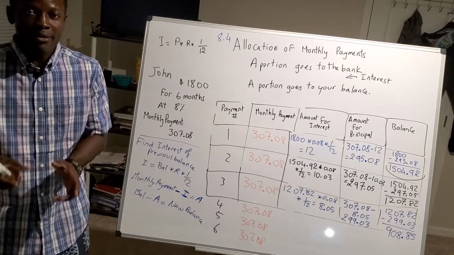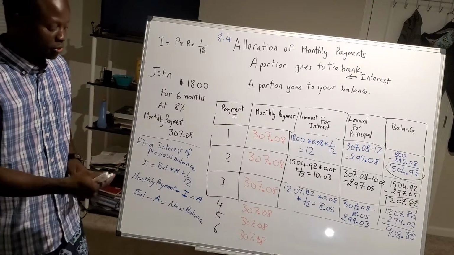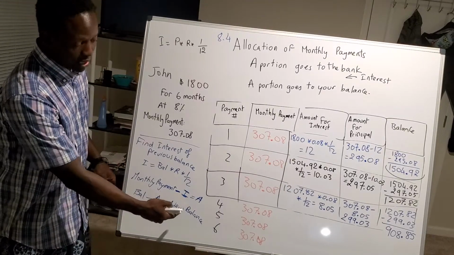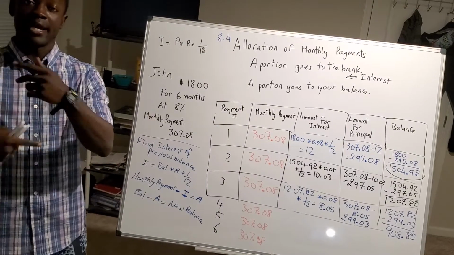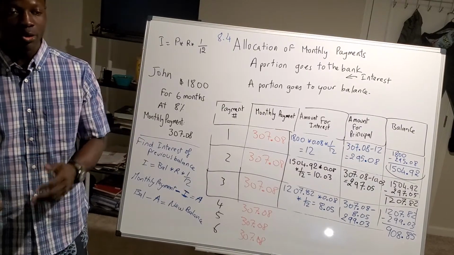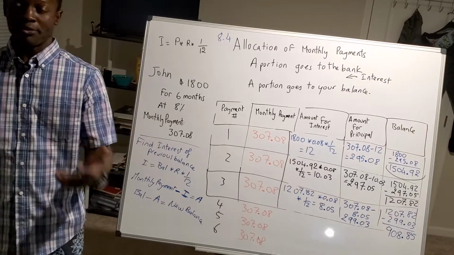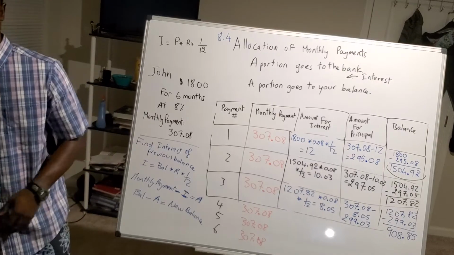And then that amount is what will affect my balance. So I go back to my balance minus that amount. Now I have a new balance. And then the cycle goes on every month until the end of the loan, or until, if you can't pay it, you will have fees and everything.